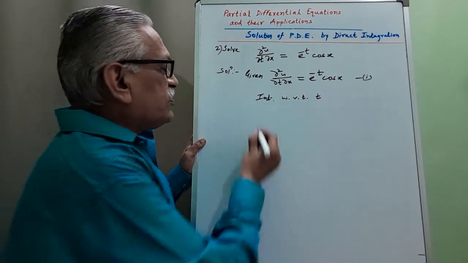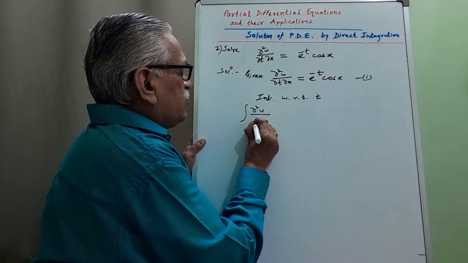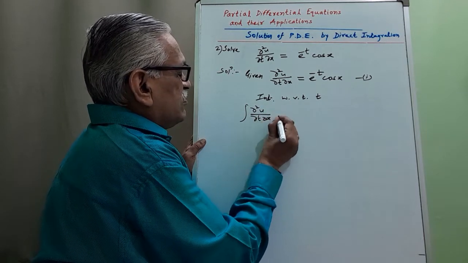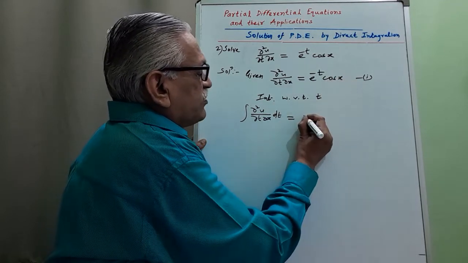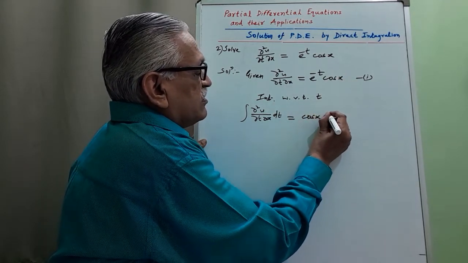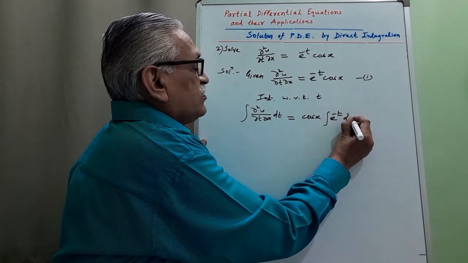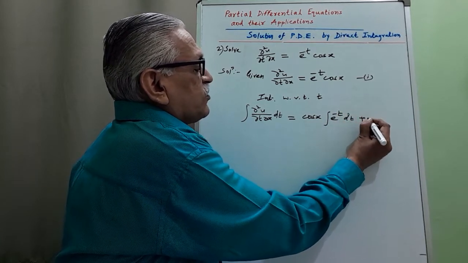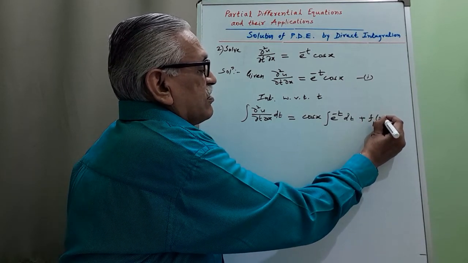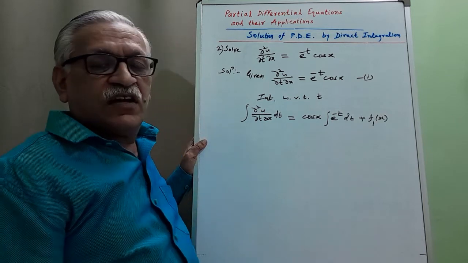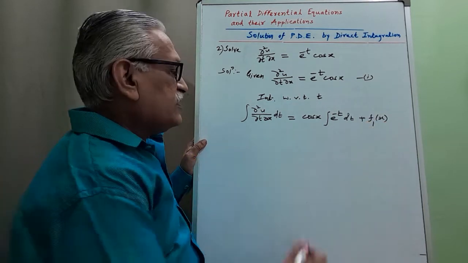keeping x constant, the integration of ∂²u/∂t∂x with respect to t equals, here cos x is a constant term outside, integration of e^(-t) with respect to t, and plus constant of integration as f1(x), since with respect to t, x is a constant term.